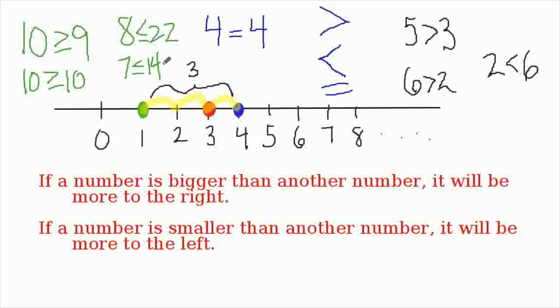Now let me talk about rounding. So sometimes you will see people ask, well, I want you to give me the number that's a certain quantity of tens that's closest, or a certain quantity of hundreds that's closest to the number that I'm giving you.